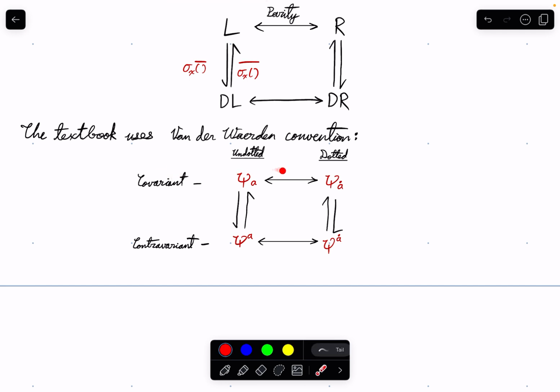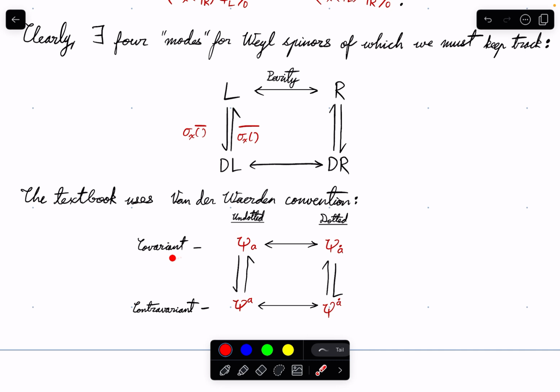So you can have a covariant undotted or dotted spinor and a contravariant undotted or dotted spinor. Covariant corresponds to the normal left and right, and contravariant corresponds to the dual spinors.